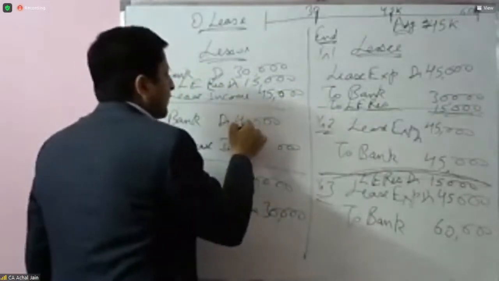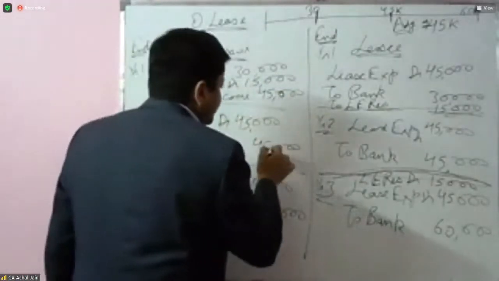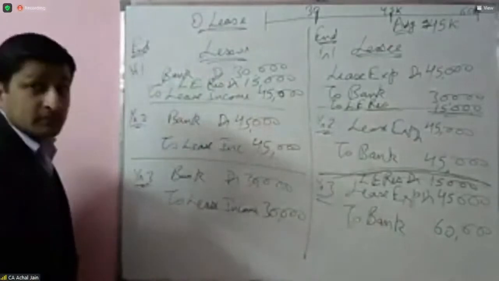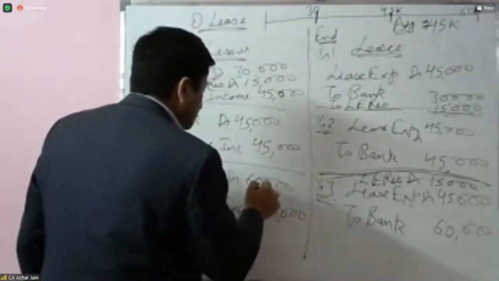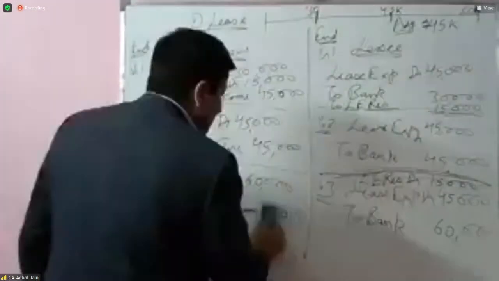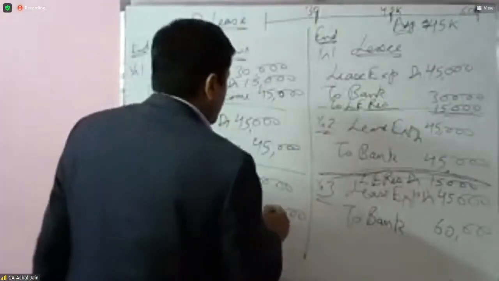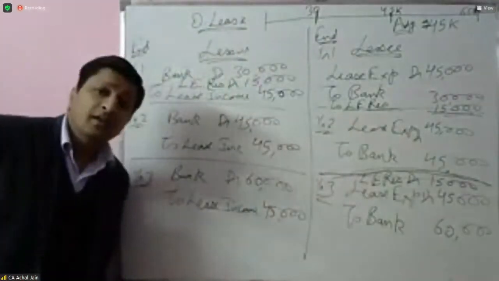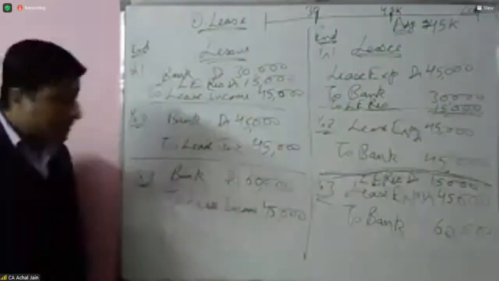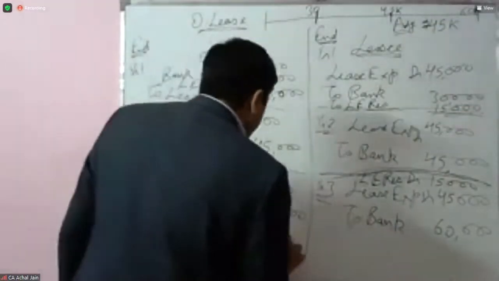It's the same 45,000. Third year, payment received will be 60,000. Income booked will be 45,000. And where will this 15,000 go? This sort of receivable will get credited.